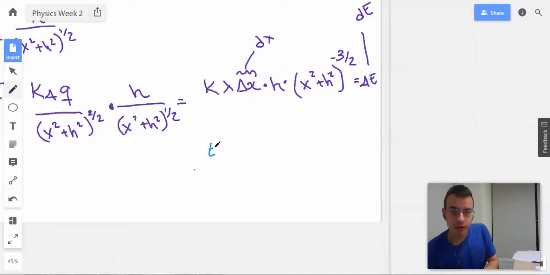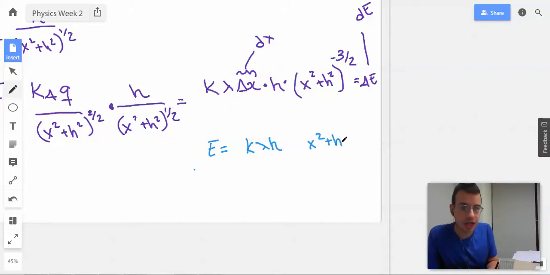So the integral of dE will just be E, and then I'm going to take out all the constants, K, lambda, and h. Then we're going to have x squared plus h squared to the negative 3/2 dx, integral.